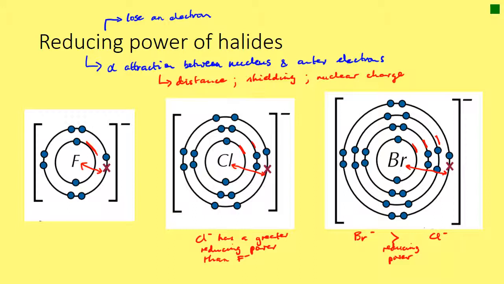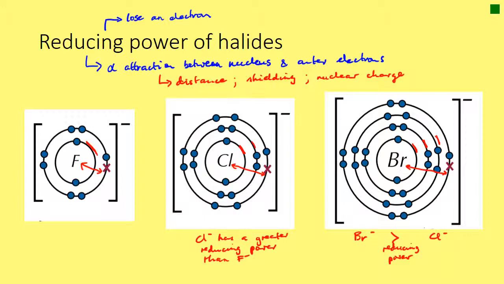So bromide has a greater reducing power than chloride, and so you can see the trend there. The trend is increasing reducing power as you go down the group of halides.